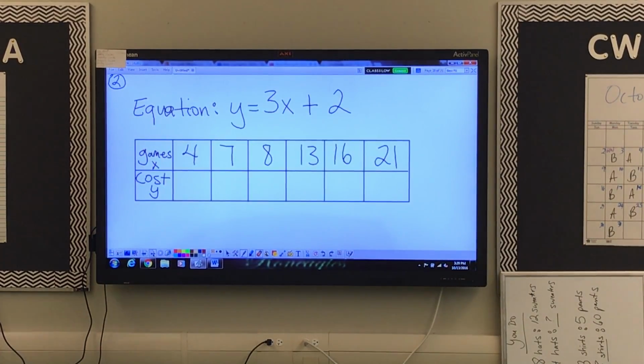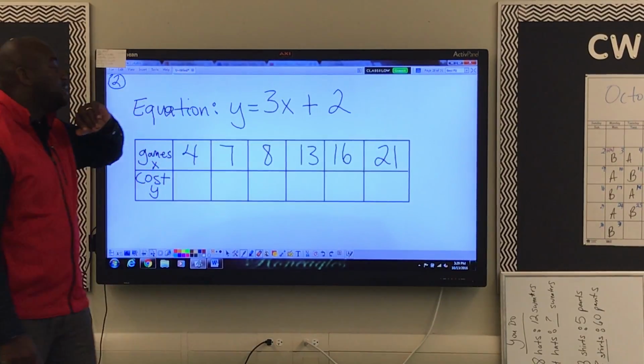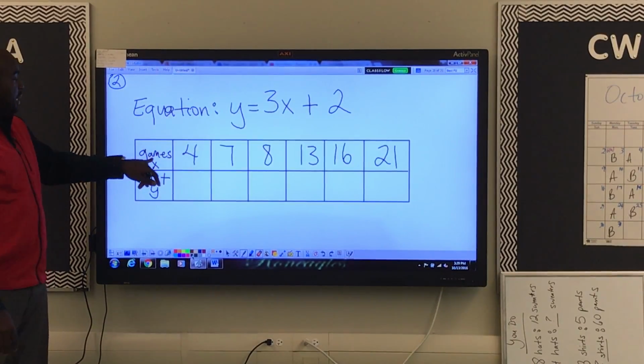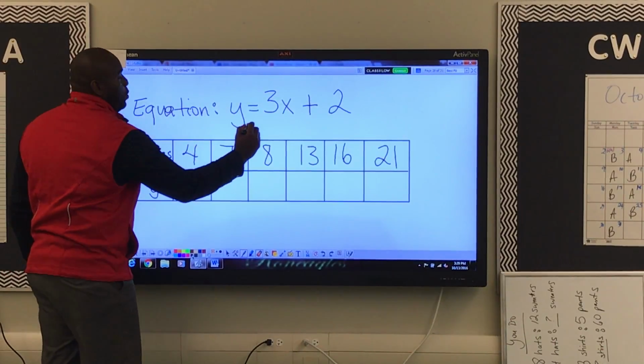Same process, but it gets a little bit harder. Our new equation is y equals 3x plus 2. We'll work out one example. You're going to do the rest. So when it's 4 games, we have to figure out what the cost is.